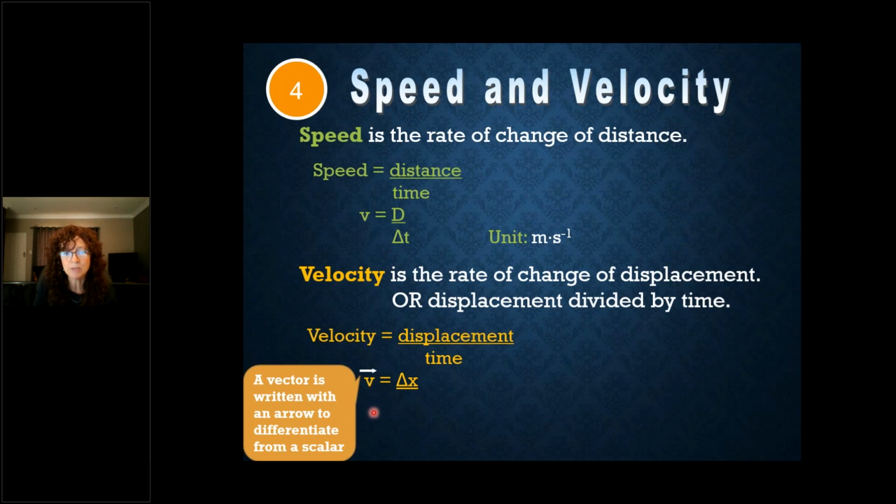There are movement equations and formulas, but please make sure that you know this one. v is delta x over delta t if it is a horizontal movement, and if it's a vertical movement, we will use delta y over delta t. The unit is meters per second, and remember direction. Now you can ask me, but ma'am, where will I use this? All right.